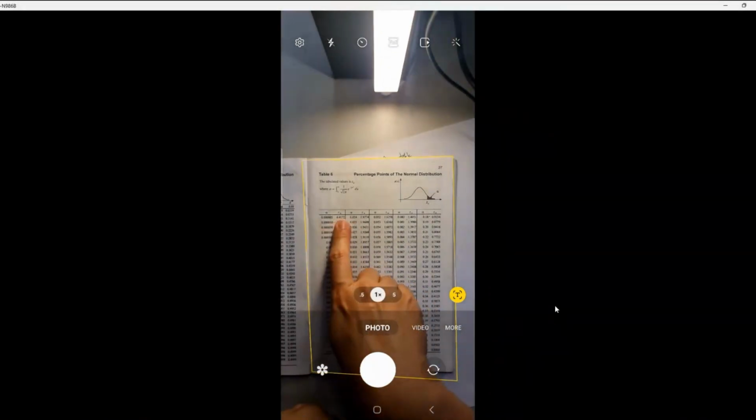This side is the critical value, critical Z. So we have the alpha 0.025, right? 0.025. Okay, again is 1.96. Okay, 1.96.